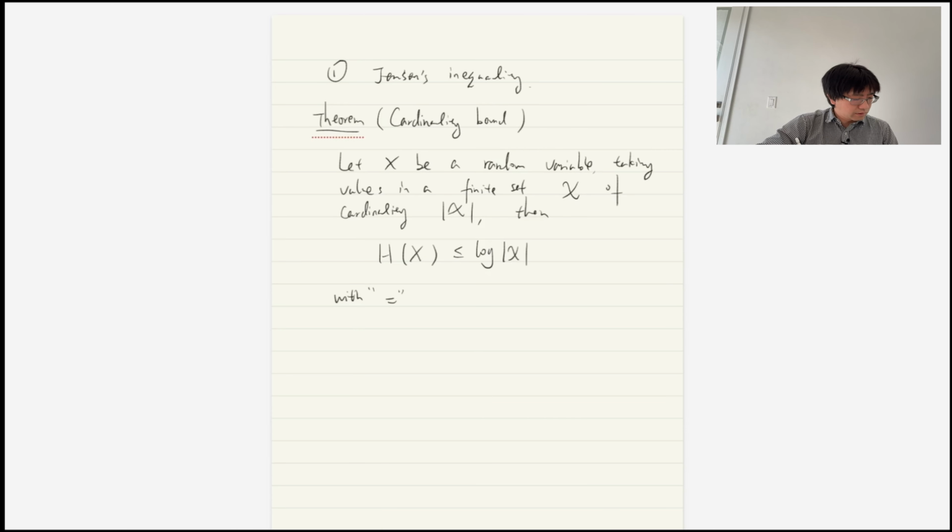The equality will hold if and only if, can anyone tell me when the equality sign will hold? Think about the binary example: when the probability is a half, we achieve the cardinality bound. So in general, when will the equality sign hold?